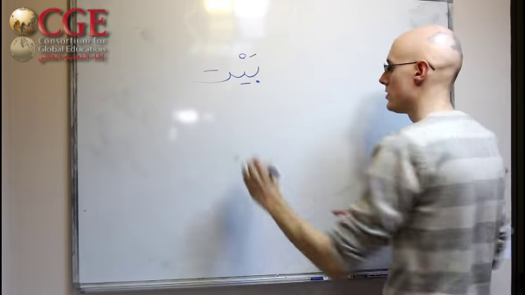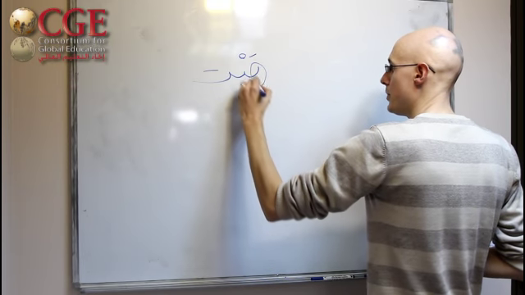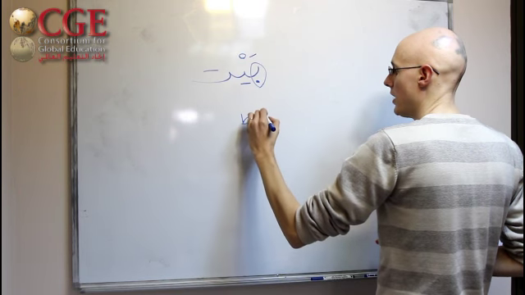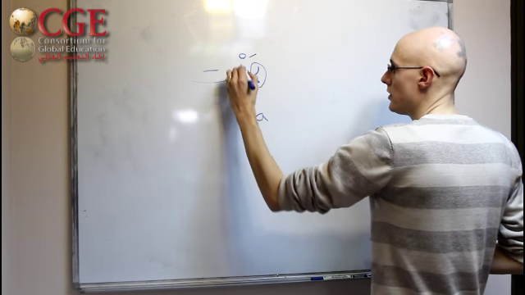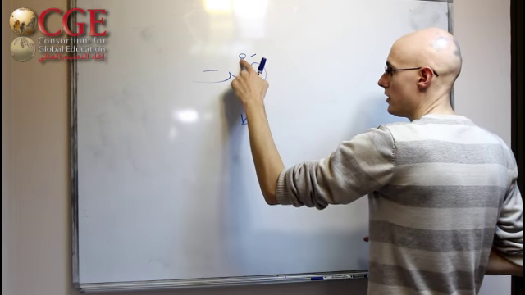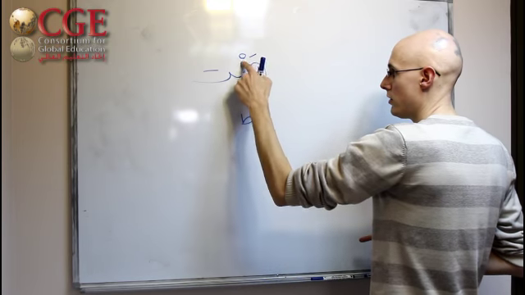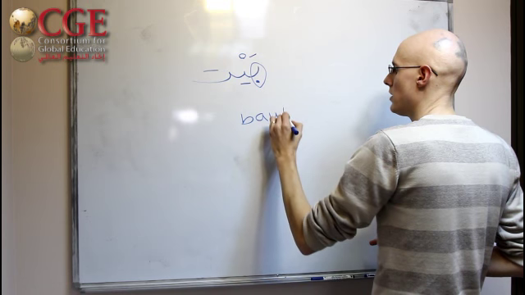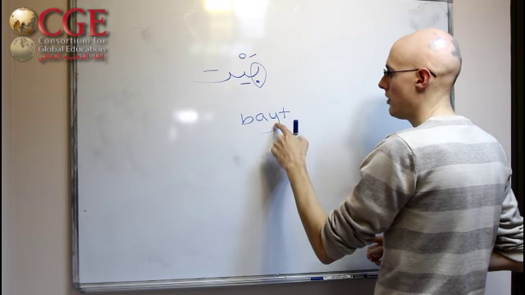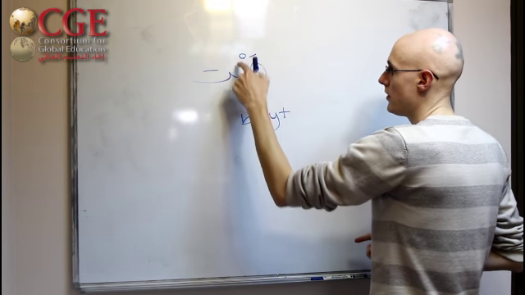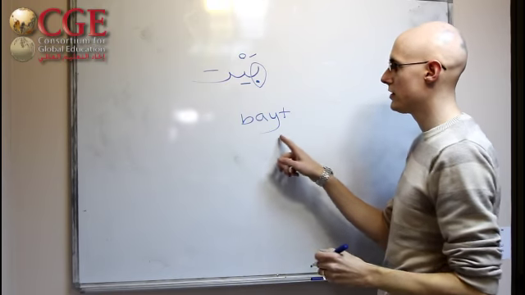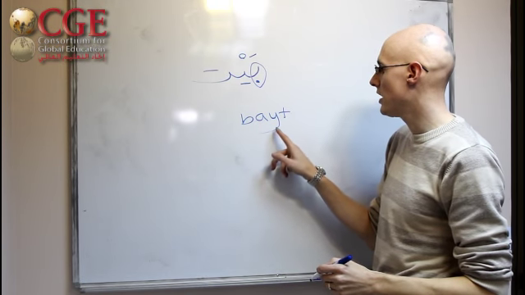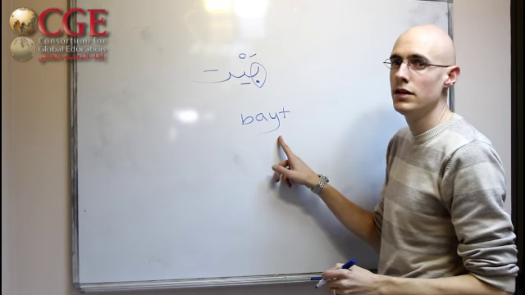Okay, so what we have here, we have a B, and then you have an A-class vowel. Remember that absence of a vowel is marked with a little circle. So there's no vowel after the Y. This circle also tells us, although it's not usually written, that this is a consonant rather than a vowel.